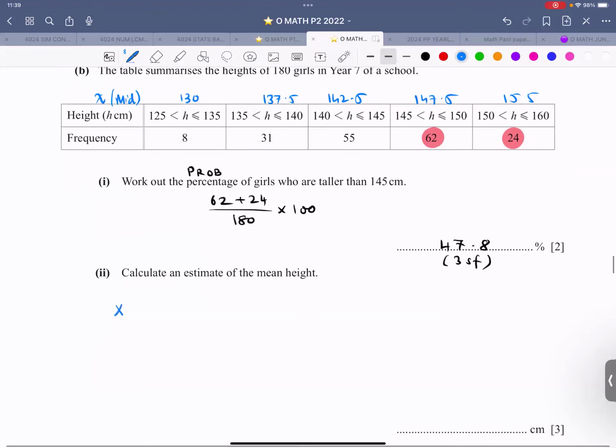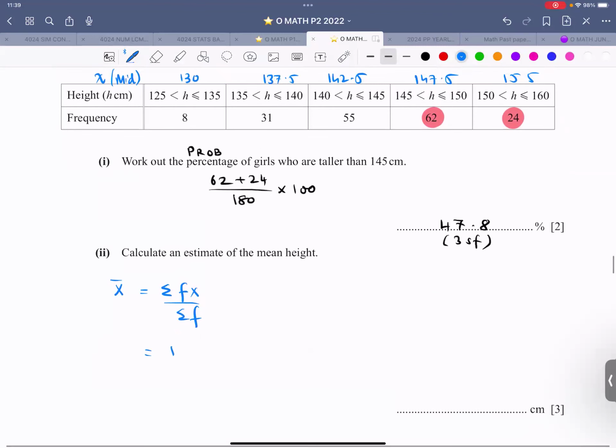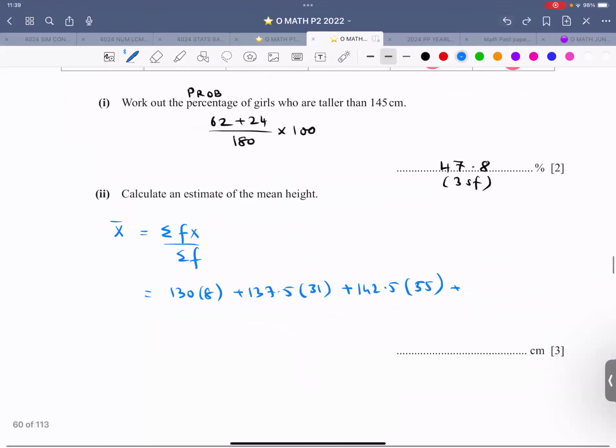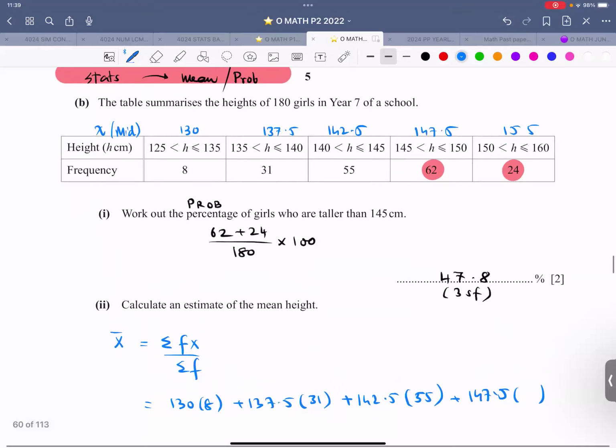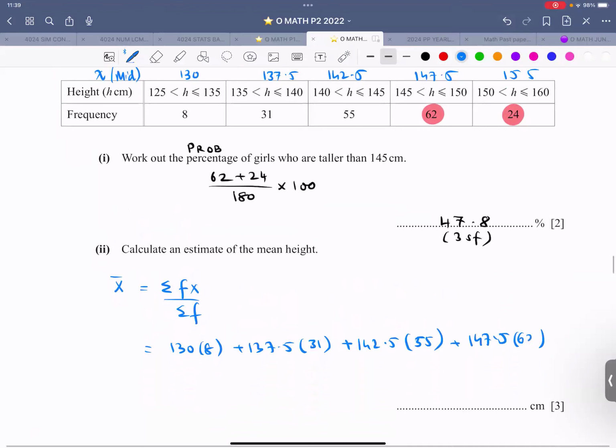So we have to use the formula x bar equals sigma fx over sigma f. Therefore, this is 130 times 8, 137.5 times 31, 142.5 times 55, 147.5 times 62, and 155 times 24, everything added together divided by 180.